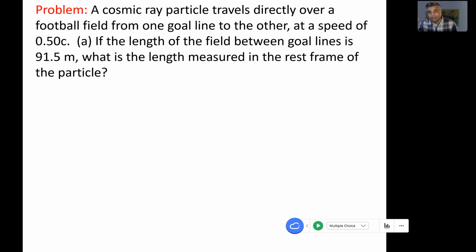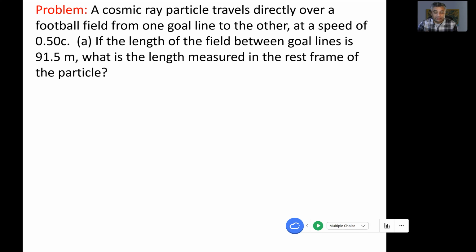So that means when we are talking about the length of the football field, it must be measured by the person on the football field down here on the earth. So in this case, this is going to be the proper length, because the person who is on the football field is measuring the length of the football field, not the particle.